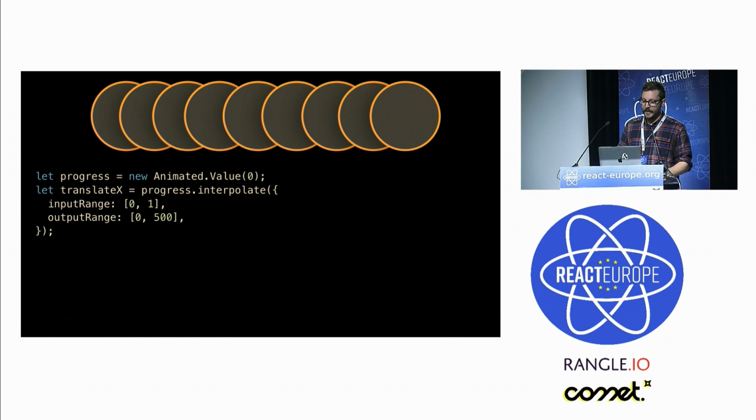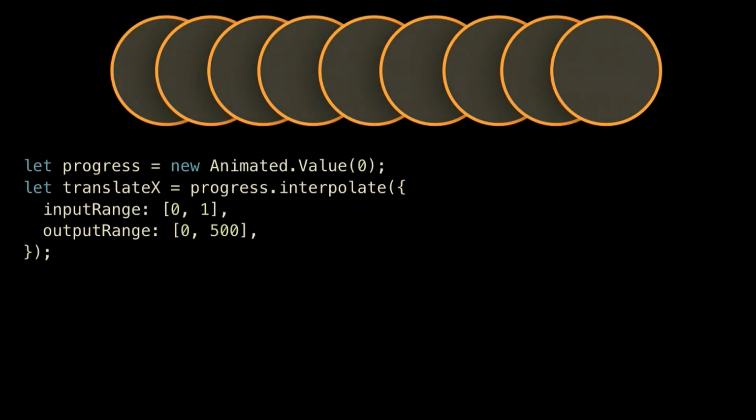We say that progress goes from 0 to 1, and the mapping of that to translateX is from 0 when progress is 0 to 500 when progress is 1. By doing this, we're just establishing the relationship between this animated value and this other value that we're actually going to use for different purposes.